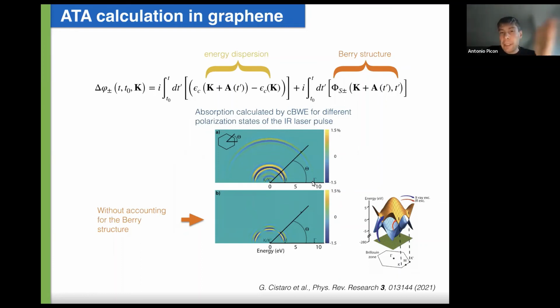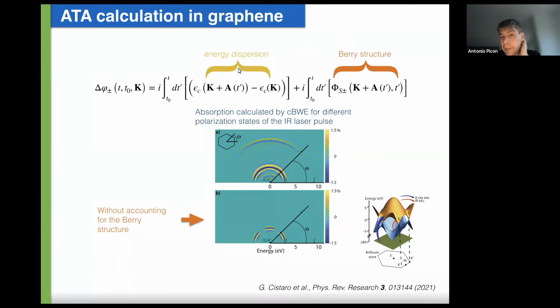So this is a linear polarization of the laser, and you're changing the polarization. First it goes from K to gamma, but then we are basically rotating the polarization. And then what we observe is that if we only take into account the energy dispersion, the transient changes due to these changes in the polarization should look like this, only if it's only energy dispersion related.